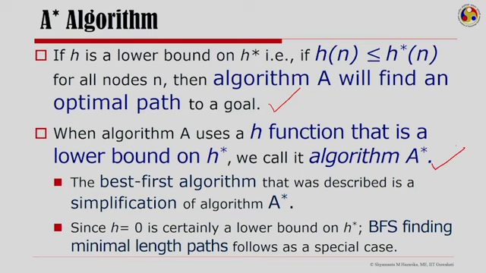The best first algorithm that I described a little while ago is a simplification of algorithm A star. Now it's interesting to note that if we take h equal to 0, which is certainly a lower bound on h star, we end up having breadth first search, finding minimal length paths. The breadth first search, therefore finding minimal length paths, follows as a special case of this.